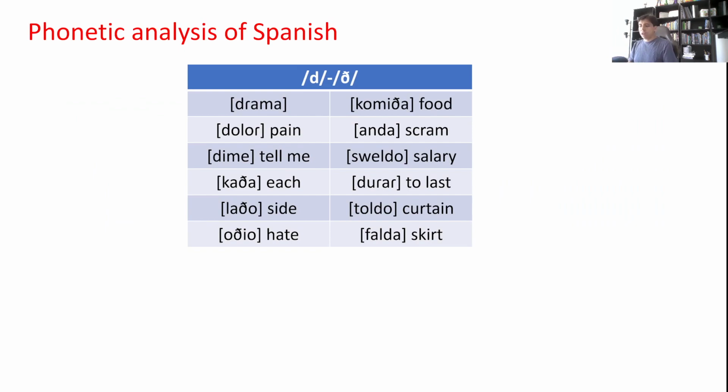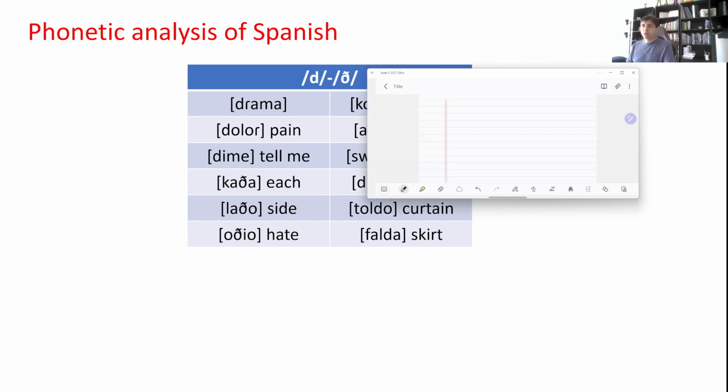The idea is that you can first identify the different environments where these words occur, and then you can come up with an analysis. So here you have some words in Spanish and the transcription. Your job is to describe the environment. Let me help you with the first set of words.